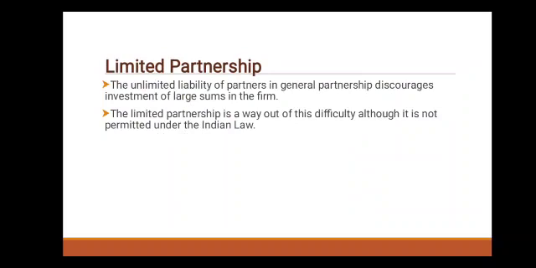Such a partnership is found in the UK and USA. The main features of such a partnership are: first, a limited partnership consists of two classes of partners, namely general partners and special or limited partners.